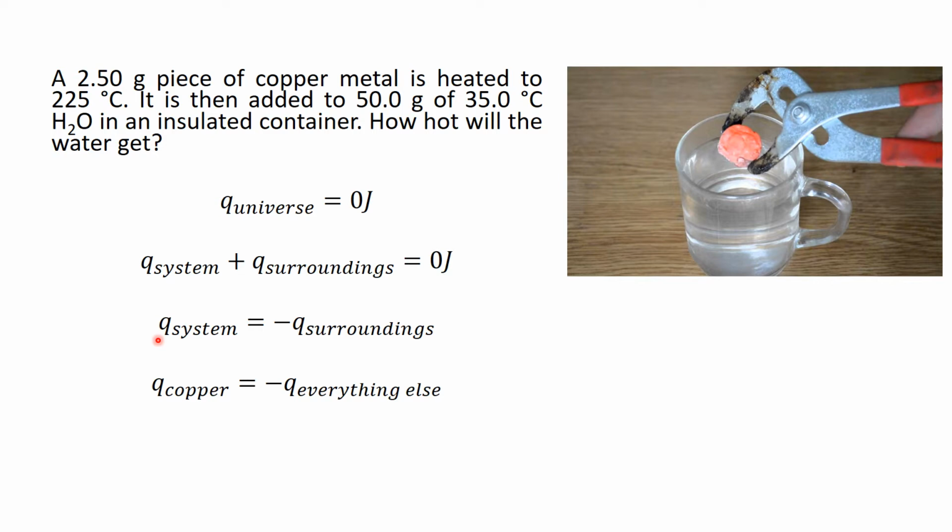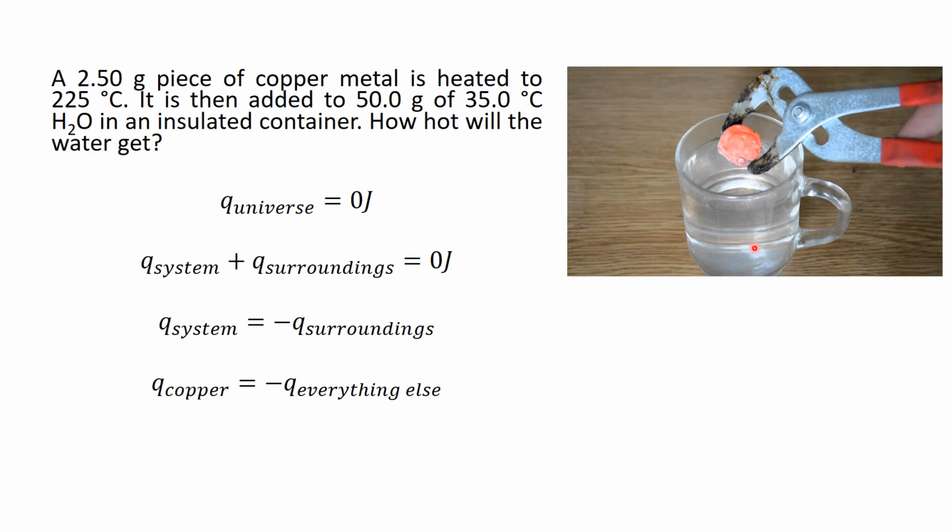So if we want to consider copper as our system, so this is what we care about, this piece of copper. So if copper is our system, then whatever heat is lost by the copper is gained by everything else. So most of that heat is going to go from the copper into the water.